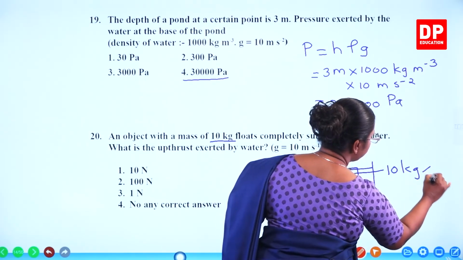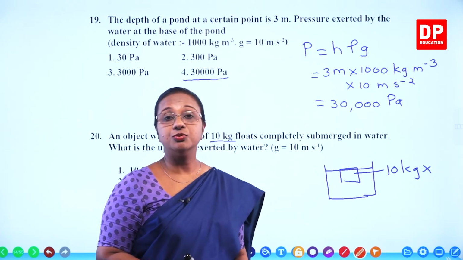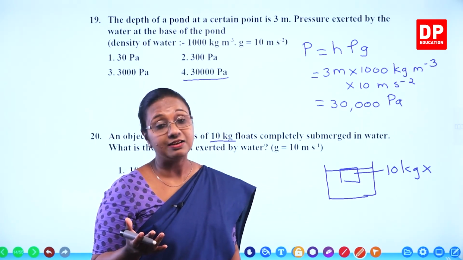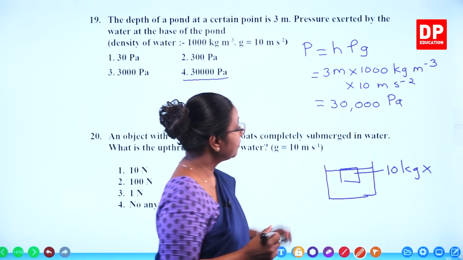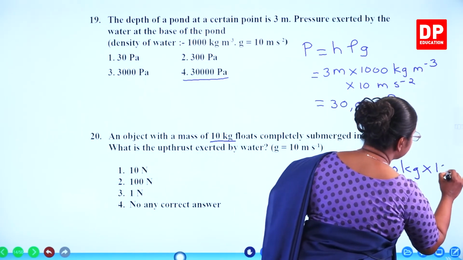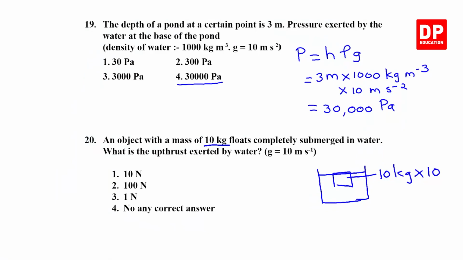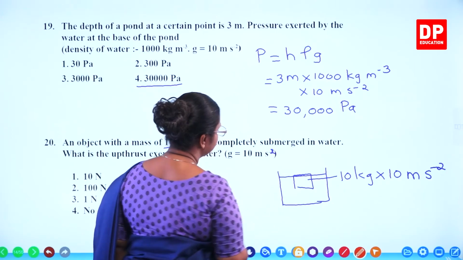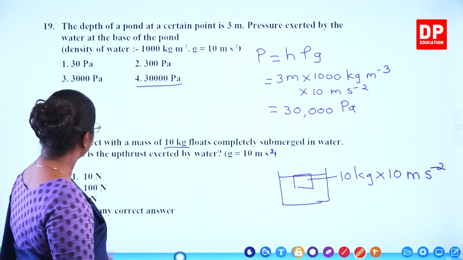So if we want to find the weight, what do we need to do? Always when it is flotation, it's the weight that we need to consider. So weight is mass into gravitational acceleration. So G has to be 10 meters per second squared.